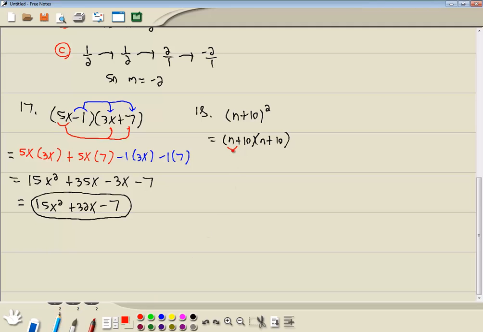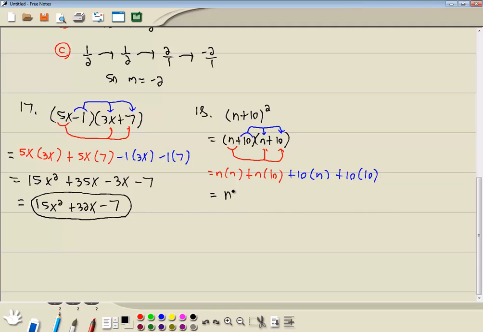So I take the first term, multiply it times the first term over here, and times the second term. So we're going to have n times n, and n times 10. Then I'll take my second term here, the 10, and multiply times the first term over here, and times the second term. So I've got 10 times n, and 10 times 10.